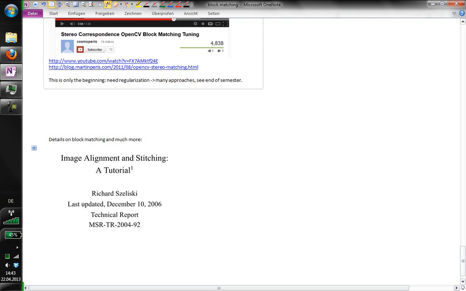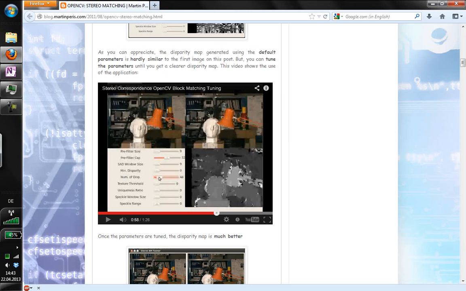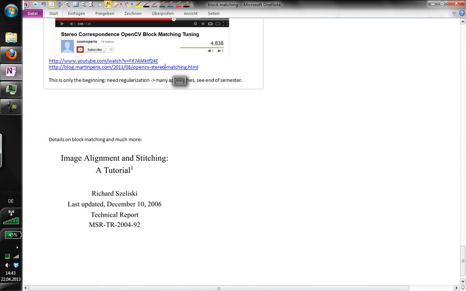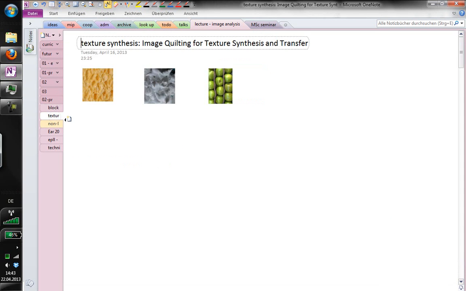Do you have questions for this block matching part? Okay. Then after the break, I want to talk about texture synthesis.